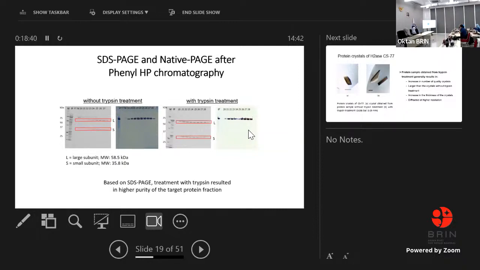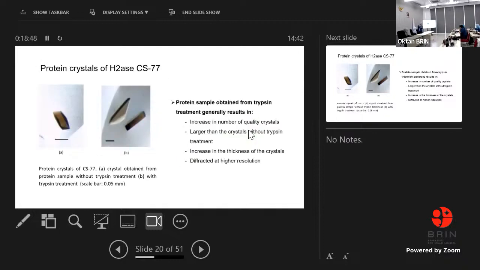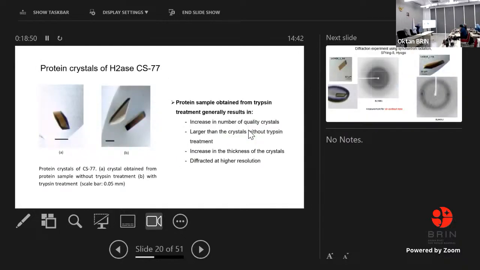This is a very good indicator for us to go further with protein crystallization. So the next one. It resulted in very good results, where we can actually improve more on the size and the quality of the crystals.